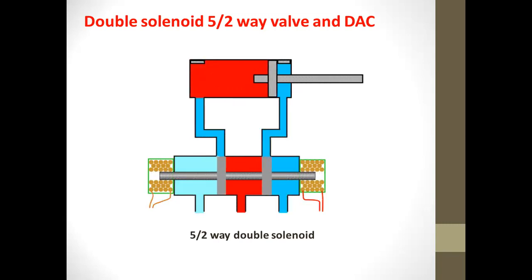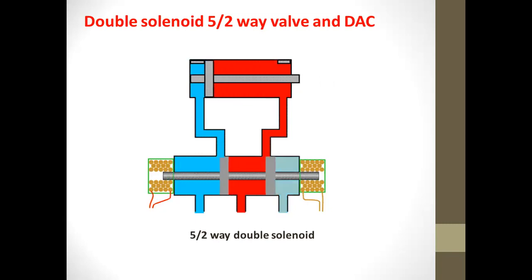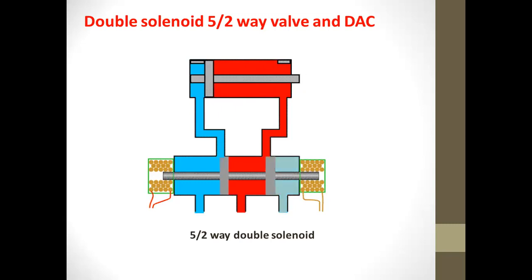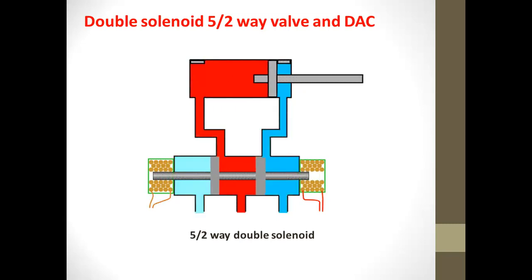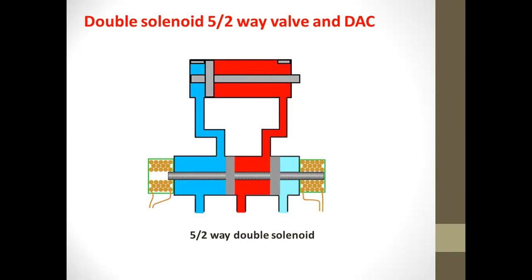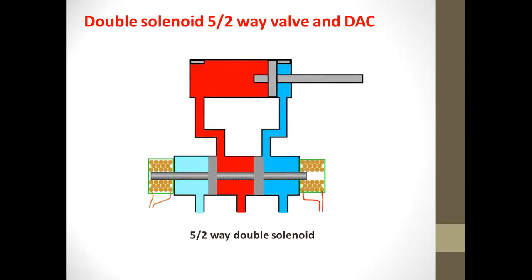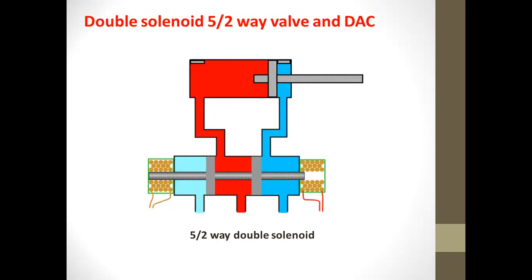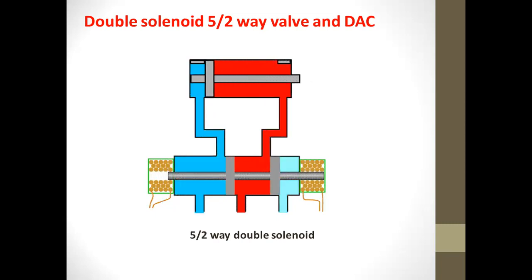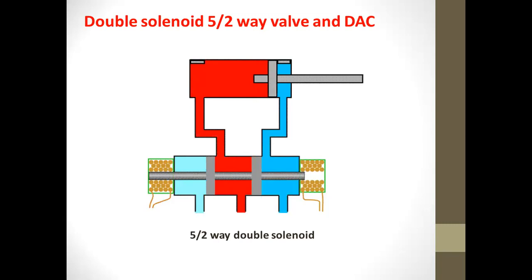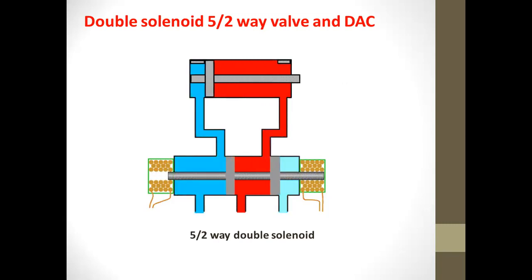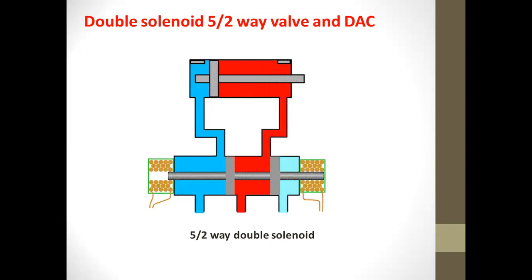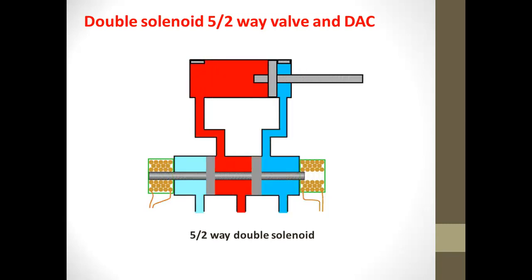But if you have an application wherein once you energize the solenoid valve, it enables the cylinder to extend, and then there is suddenly a power shortage or a sudden cut off in the power supply, and you want the cylinder to remain in the extended position, then you need to have the double coil.